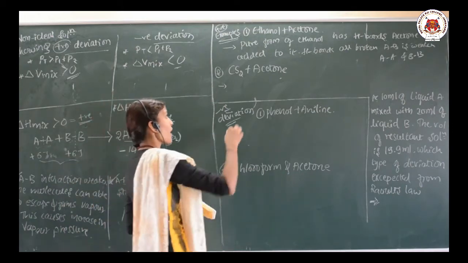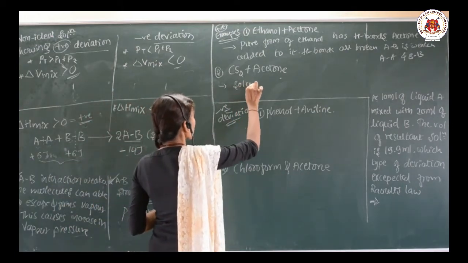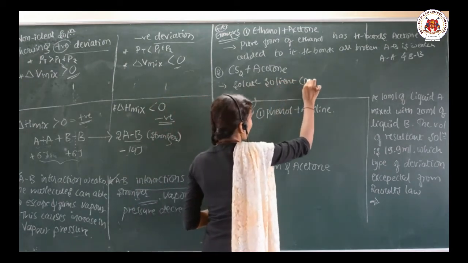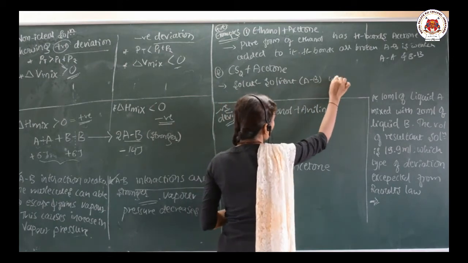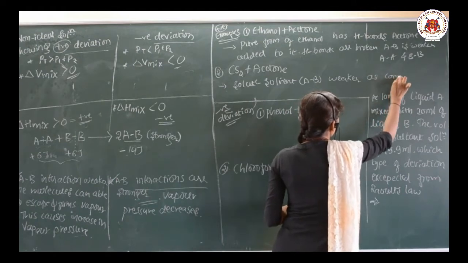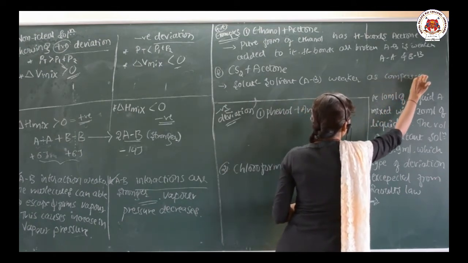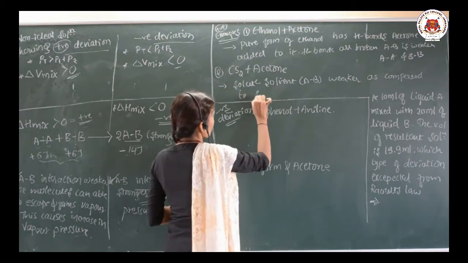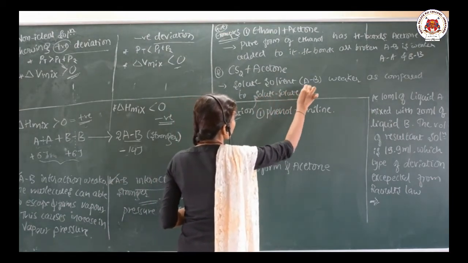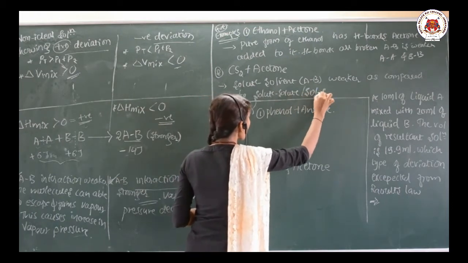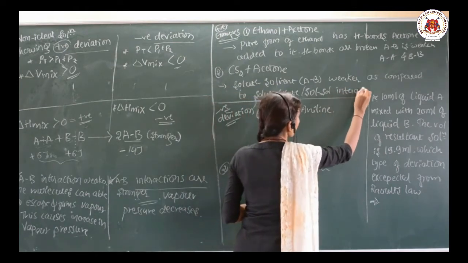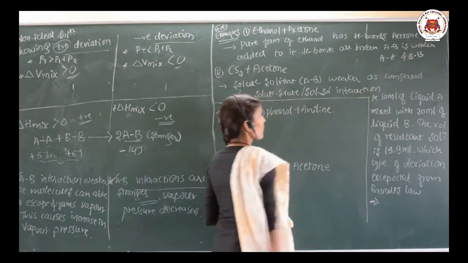Here also you can say that the solute-solvent interactions, that is AB type interactions, are weaker as compared to solute-solute or solvent-solvent interactions. Clear?